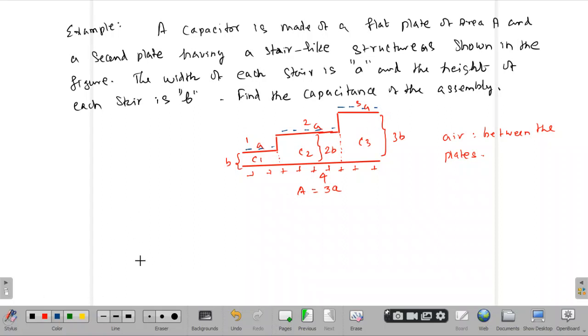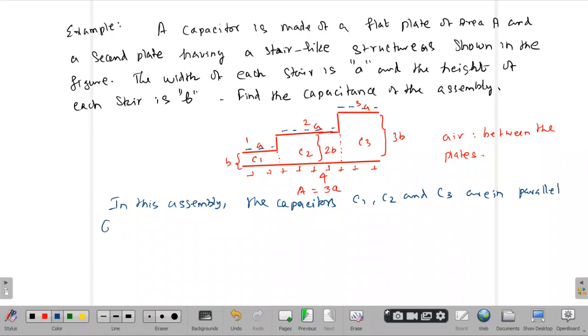So in this assembly, the capacitors C1, C2 and C3 are in parallel combination with respective capacitances.